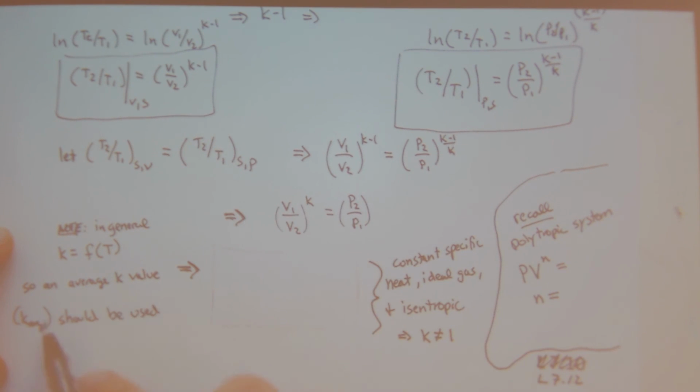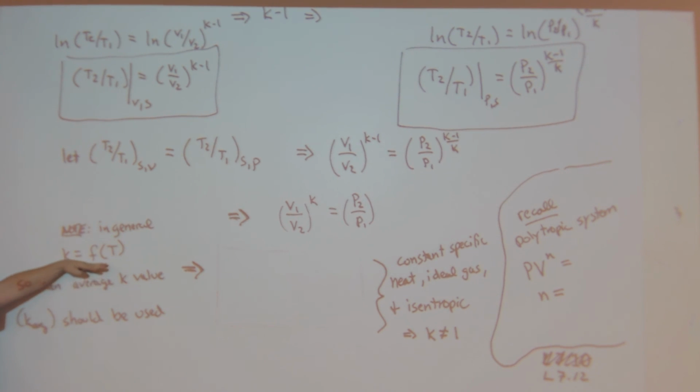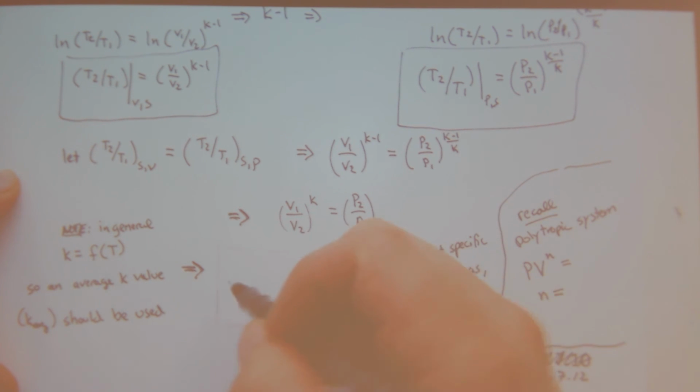So an average value of K can be used. So instead of taking into account the temperature dependence of the heat capacity in some complicated integral analysis, instead I could just look at the tabulated values and take an average value for K and do things like this.